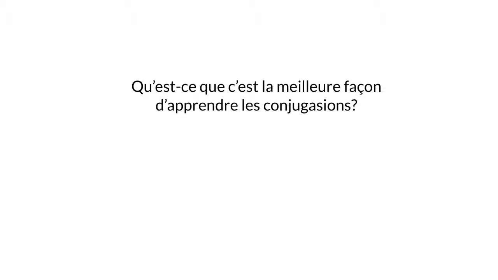For example, with the nous endings, most of the time they end with O and S, or the ils, elles, it's E and T. Because once you learn the patterns, it's so much easier for your brain to remember because it can think, oh, well, all the others end with O and S, so it's most likely going to end in O and S. But does it have anything else like it might have in finissons?